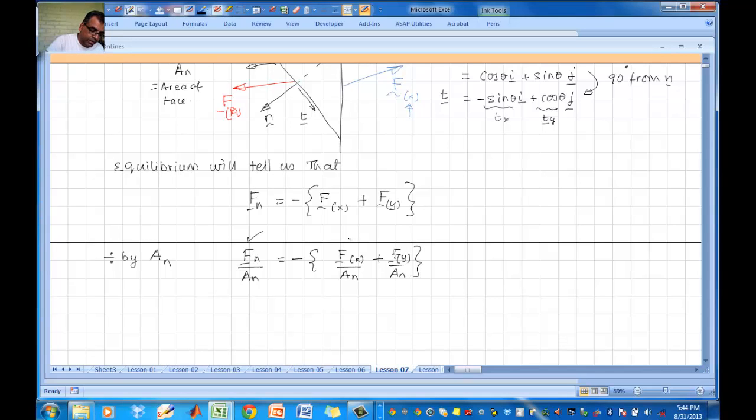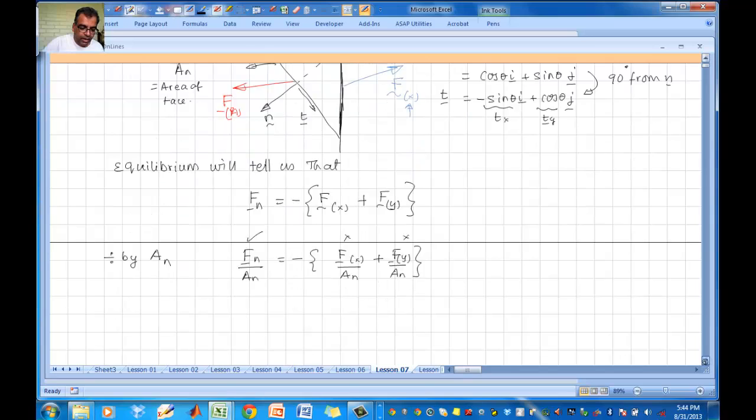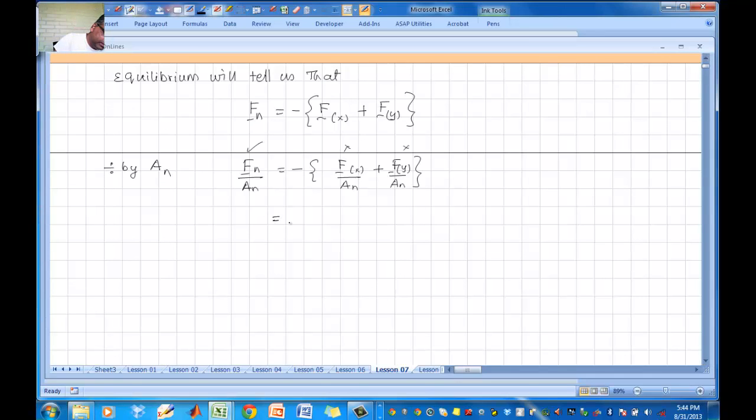This one is okay. These two are not okay. What do I mean? I am dividing by the wrong area for those. What I really need to do for Fx is divide by this area, for Fy to divide by that area. You see what I mean? So I am going to do a very clever trick, which is to write this as Fx over Ax times Ax over An plus Fy over Ay times Ay over An. That's all. You're thinking, what's the big deal?